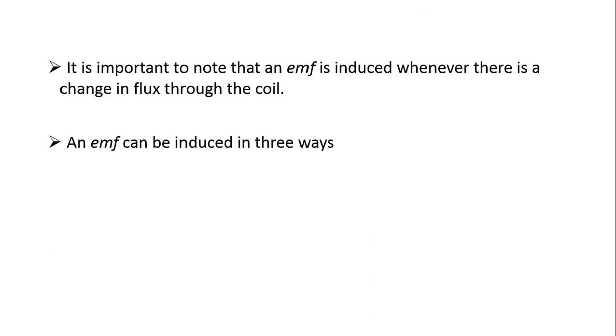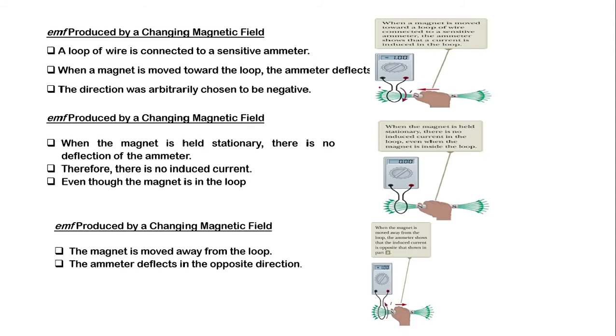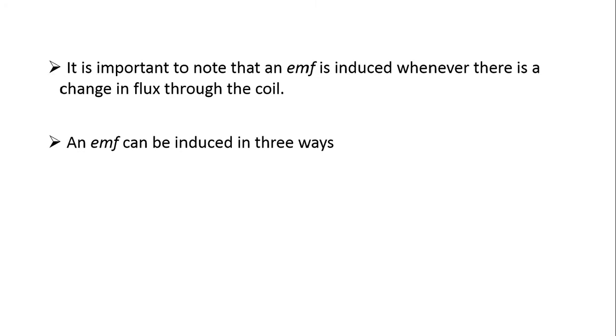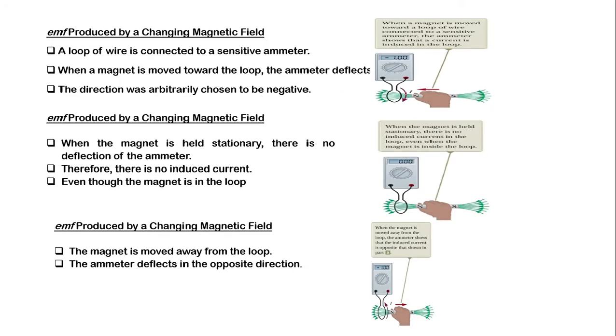Okay, so apa maksudnya kat sini adalah EMF is induced whenever there is a change in the magnetic flux through the coil. Okay, EMF can be induced in three ways. Maksudnya EMF tu terhasil bila ada perubahan dalam magnetic flux. Bila awak masukkan, bar ni ada magnetic field.